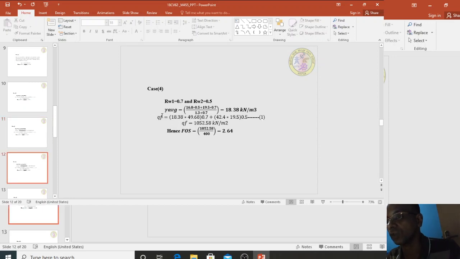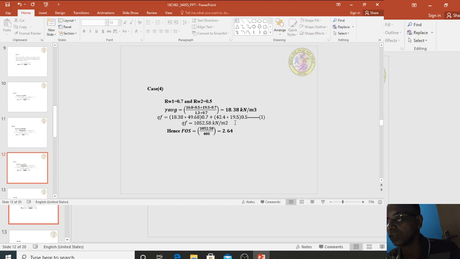Case 4, when Rw1 is 0.7 and Rw2 is 0.5, the average gamma is 16.8 into 0.5 plus 19.5 into 0.7 divided by 2, 18.37 kilonewton per meter cube. So Qf is 18.38 into 49.68 into 0.7 plus 42.4 into 19.5 into 0.5, it will work out to be 1052.5 kilonewton per meter square.